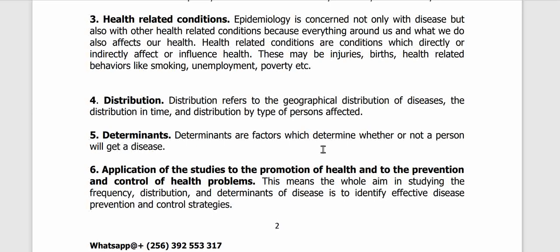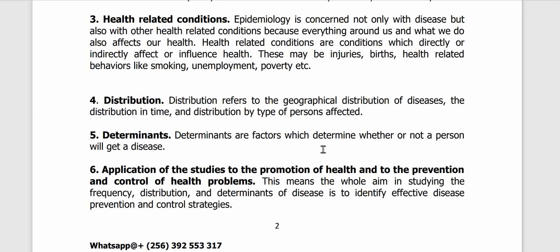And of course, we have other diseases that are common in a community, but they may not be in every region of the country. For instance, we have nodding disease. Nodding disease normally affects children below 15 years of age, and it's very common in northern Uganda. And in northern Uganda, it's not even everywhere, but within a certain geographical area. So distribution refers to the geographical distribution of diseases.